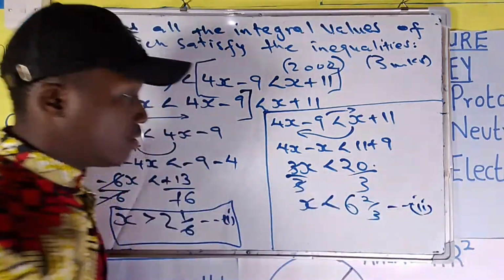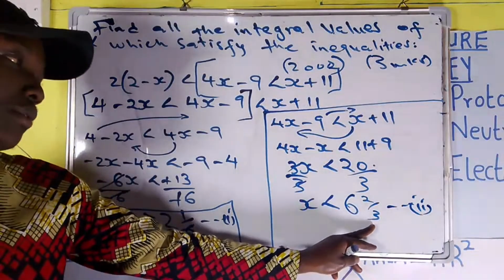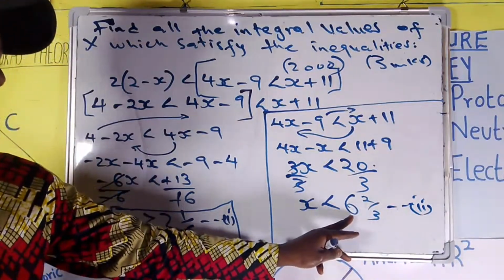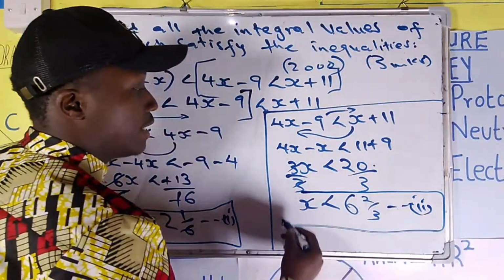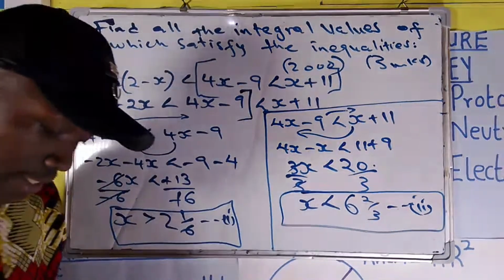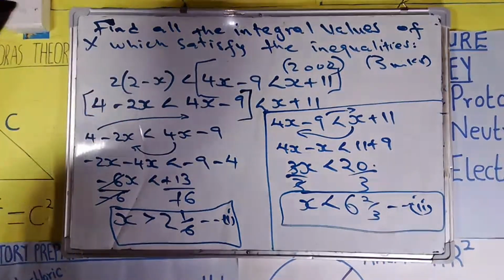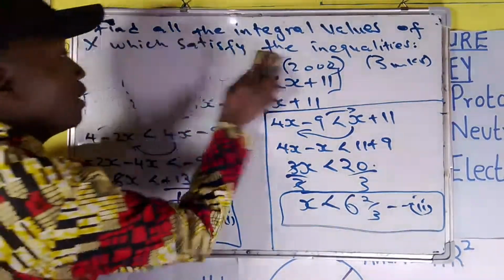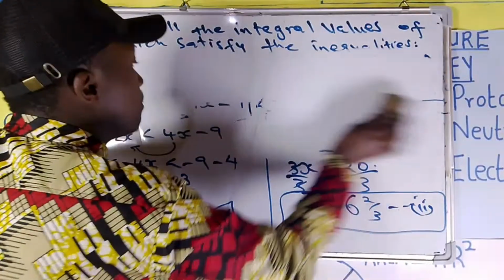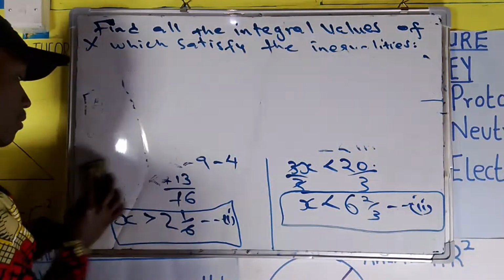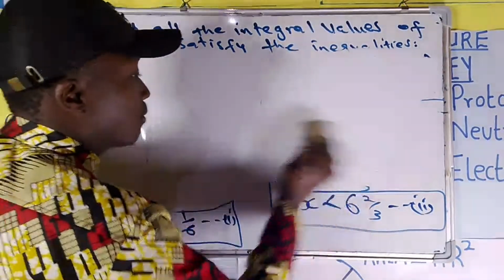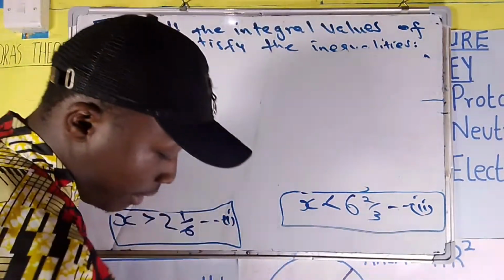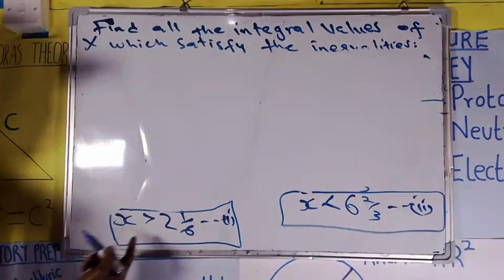If you try to make this an improper fraction, you will get 3 times 6 is 18, 18 plus 2 is equivalent to 20. So you will end up getting x is less than 6 whole 2 over 3. So let us write it now as a compound statement. Tukiamua tuiandike kama compound statement, tutaanza na hii ndogo.